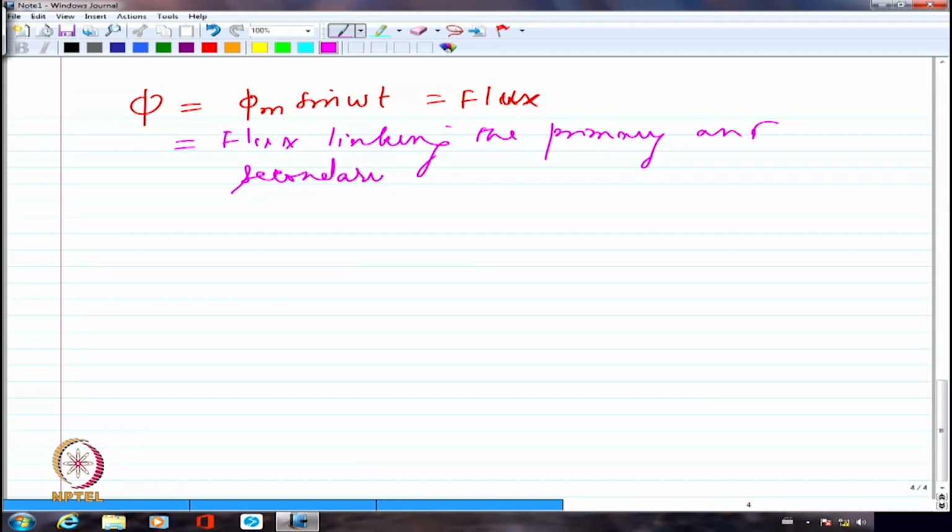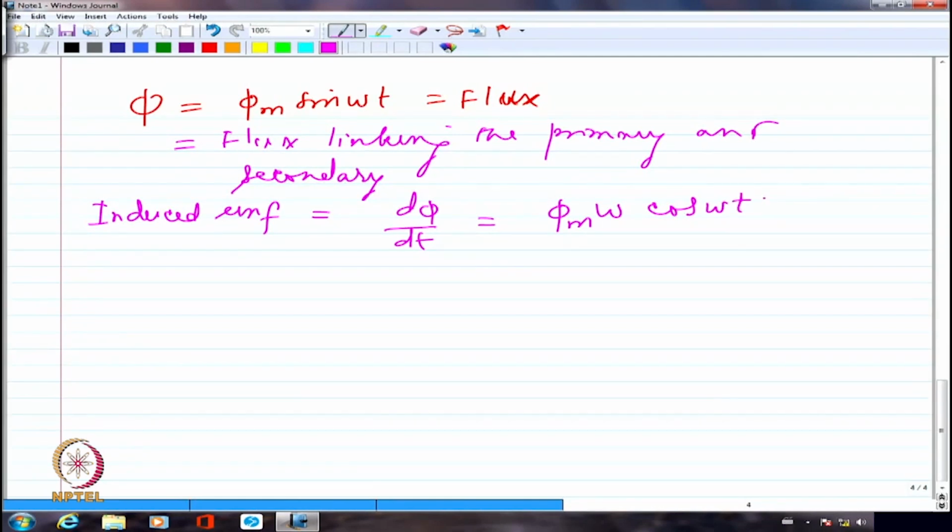Both are linked by the same amount of flux, right? So I can say by Faraday's law, the induced EMF in the primary or secondary will be d phi by dt. So I can write this as phi m omega cos omega t.